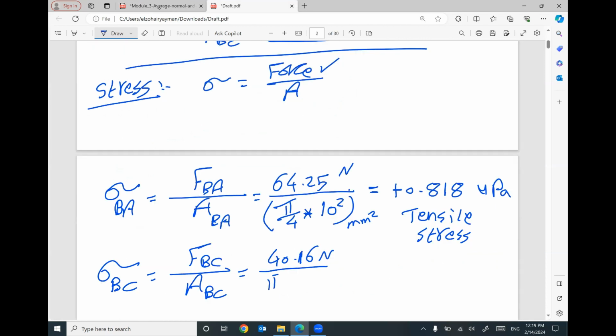So pi divided by 4 times 8 squared, this one in millimeter square. So the stress will be 40.16 divided by pi divided by 4 times 8 squared. So the stress will be 0.798 megapascal, which is positive, meaning tensile stress.